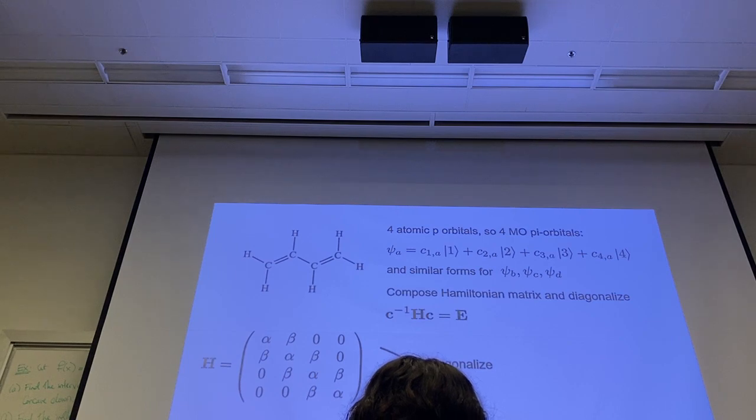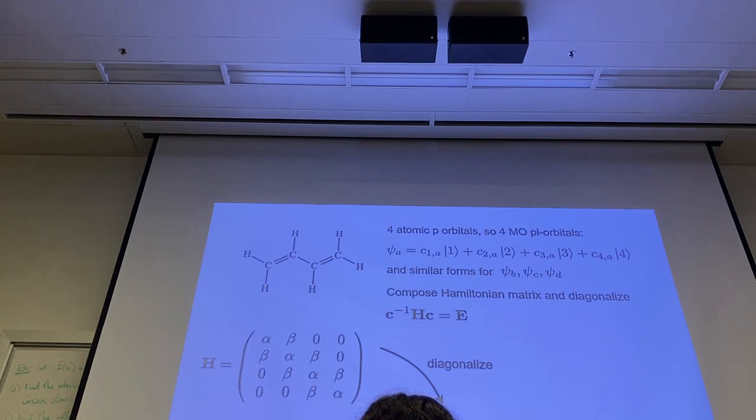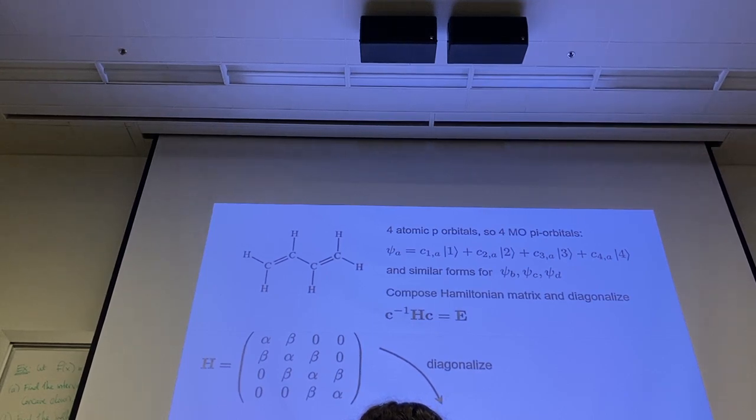And so what we find then is indeed, after we diagonalize it, this matrix now is diagonal. Okay? It only has values on the diagonal of the matrix. Everything else is 0. So these then are the energies of the molecular orbitals. Okay?